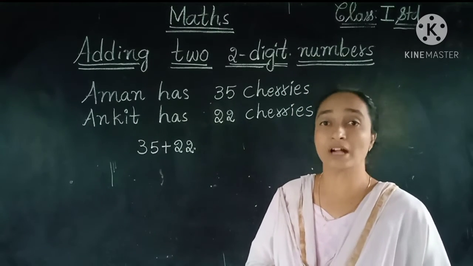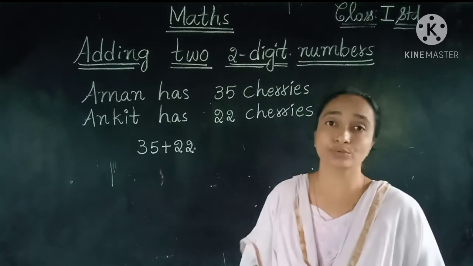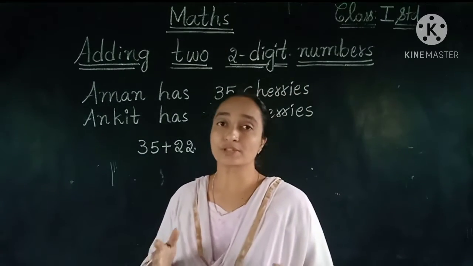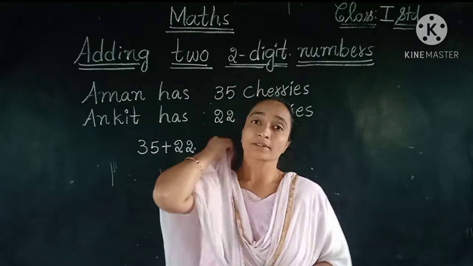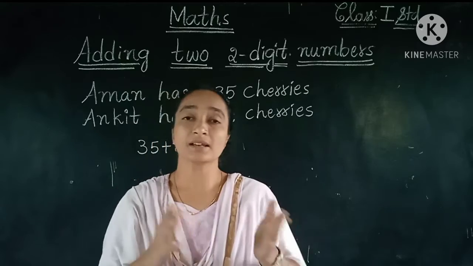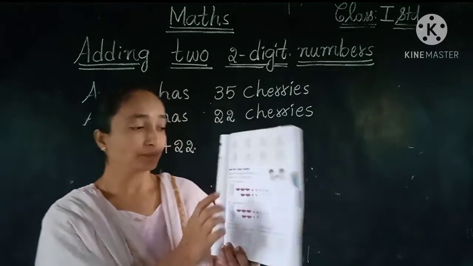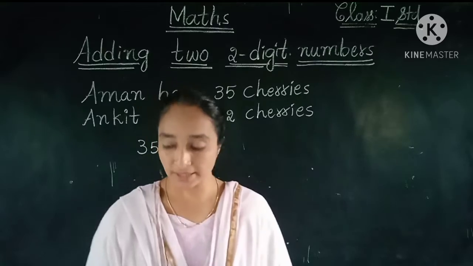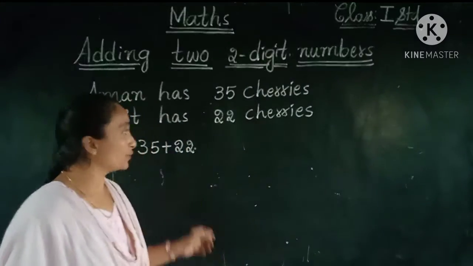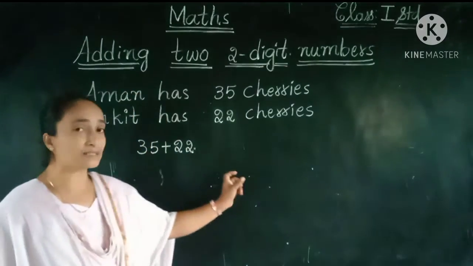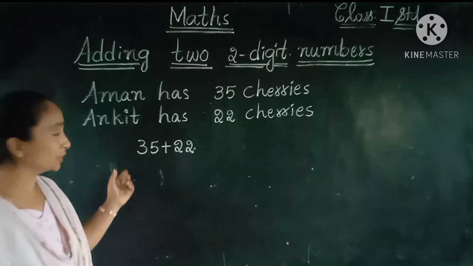So children, can we count and add like this, 35 plus 22? No. First of all we have to write in a tens and ones form. Here we can see step 1. First of all we have to separate the tens and the ones. Directly, can we add 35 plus 22?